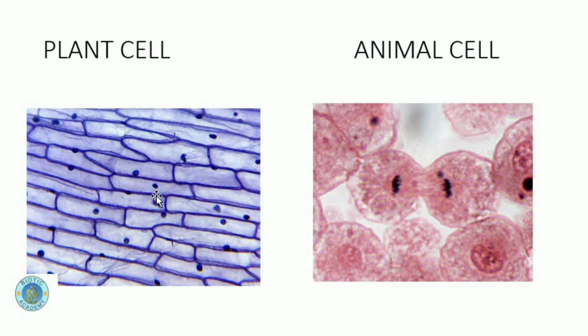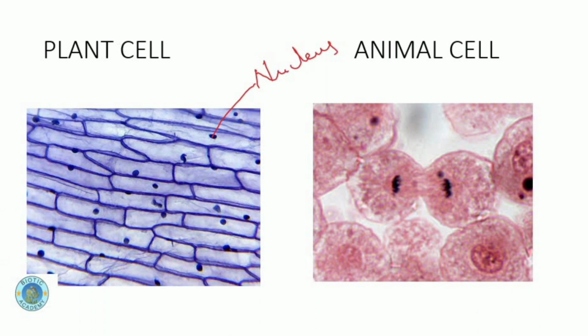You can see the rectangular cells which are present, and they are showing their nucleus. You can see the nucleus over here. So this is how you will observe the plant cell, rectangular in shape, and somewhat like this, the irregular shape of the animal cell, under the microscope.